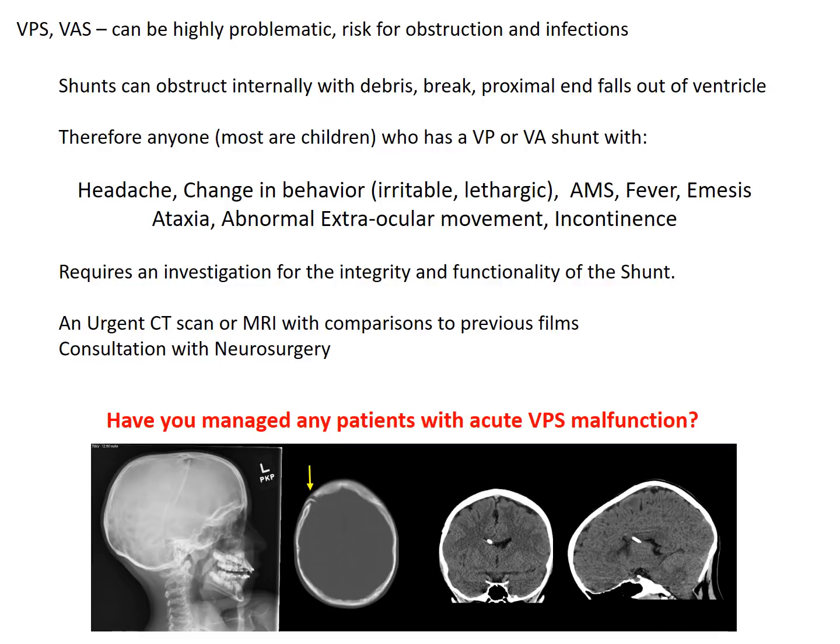Specifically, we're looking for integrity of the catheters in the shunt, and we're looking for whether or not the ventricles are starting to dilate with CSF, because if they're dilating, that probably implies that the shunt is not working, and then that requires emergent neurosurgical consultation.